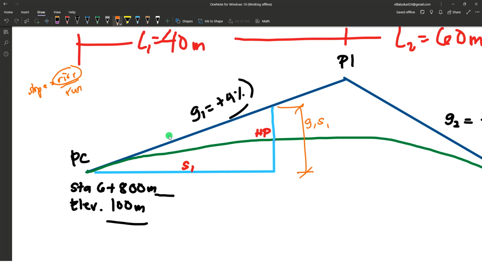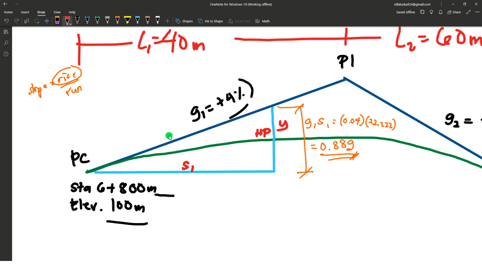So computing that, we have g1 of 0.04 times s1, which is 22.22. We have a total vertical distance here of 0.889. So that's your vertical distance here. Okay. Then the other value that we need to compute here is this distance y.